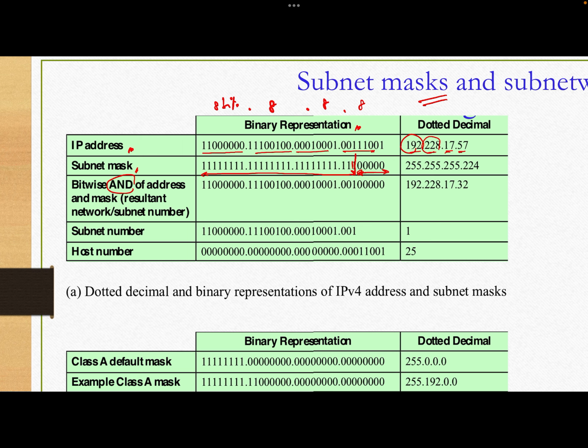So when you AND this and this, you get results here. Whatever is 1 in the subnet mask can go through, so this is the same as this. But whatever is 0 here cannot go through, you will get 0 here.